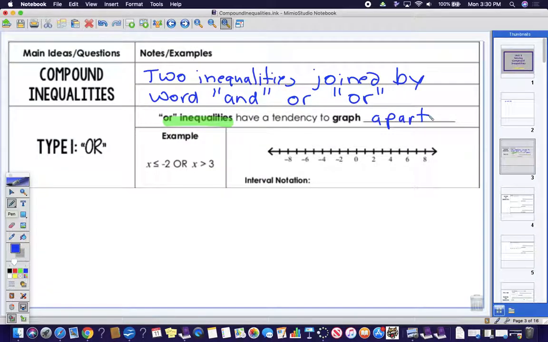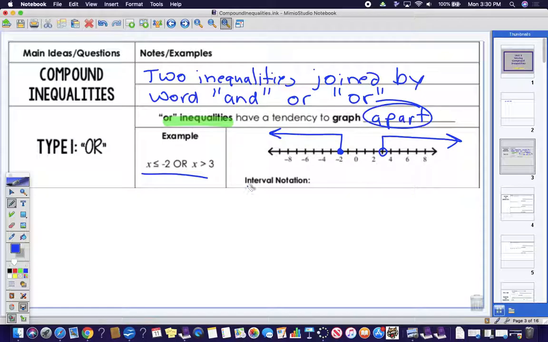For example, x less than or equal to -2 has a closed circle on -2 shaded left. And x greater than 3 has an open circle on 3 and everything shaded right. Notice that these two graphs are graphed apart. They don't share anything in common. One's going one way and the other's going another way.